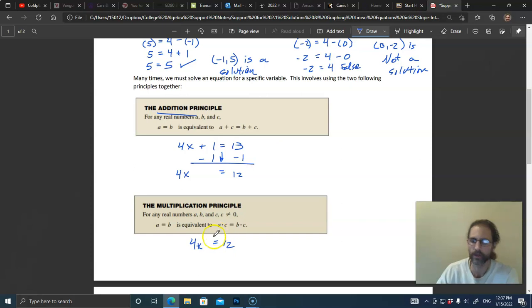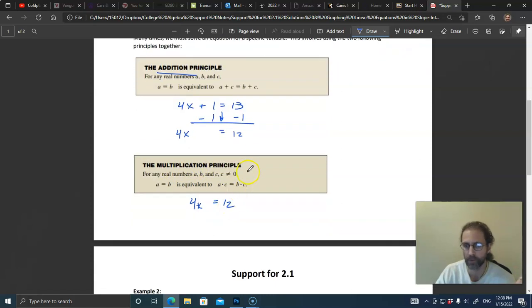Okay, so we're trying to think, well, we want to get the x by itself, and we've got the x getting multiplied by 4. So what is the opposite? How can we undo that? Well, the opposite of multiplication is division. So using this multiplication principle, remember the multiplication principle means we can either multiply or divide.